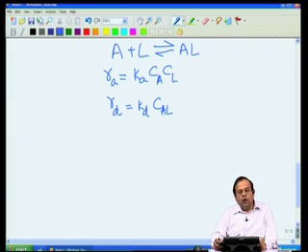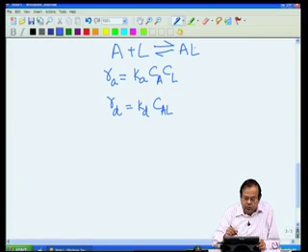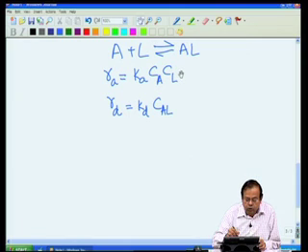So, I am right now focusing only on single step adsorption. I have not even brought in desorption, I have not even brought in surface reaction and then coupled it with desorption. But let us look at what happens when we have adsorption and how do we develop adsorption isotherms. So, this is my rate of adsorption, this is my rate of desorption, and what happens at equilibrium.